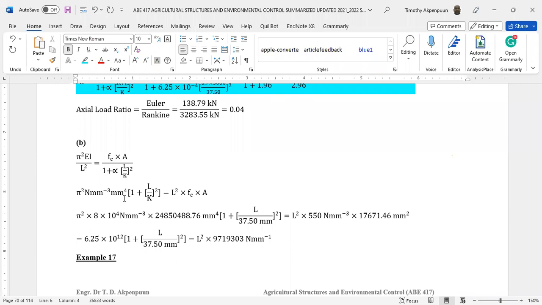Let me remove this unit to be clear, or is it fine like this? Since we don't have units on the other side, let's leave it the way it is here. EI, right? So it's clear now.